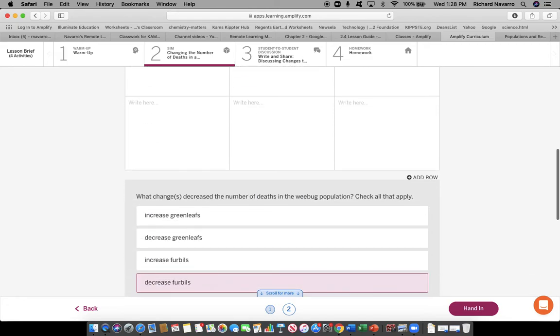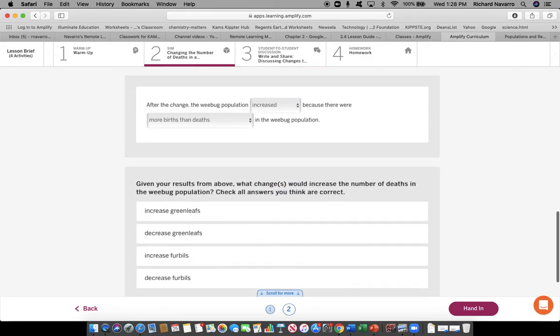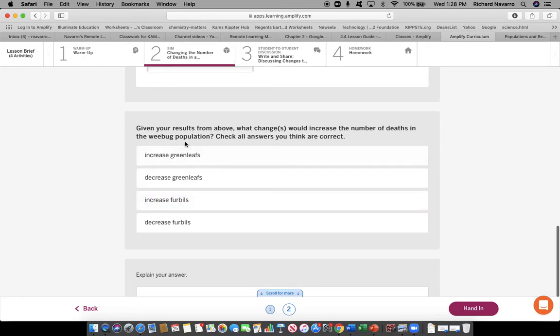So we'll scroll down a little bit. Given the results, what changes would increase the number of deaths in a wee bug population? Well, if we increase furbals, we definitely know that the deaths in that wee bug population would go up.